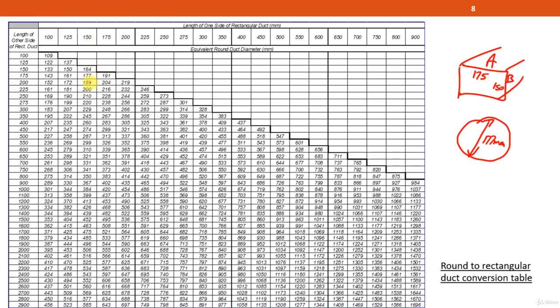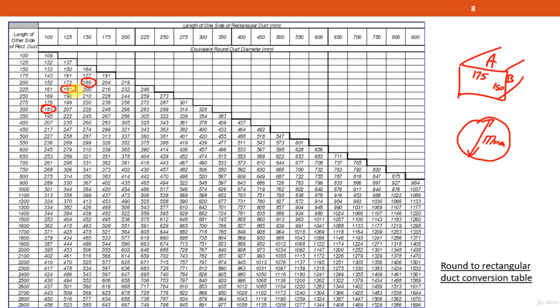But you may notice that there is no 185. Alright, you have 183, 181, 189. So these are the few round duct diameters that are quite near, and you can actually use this value as long as it's not too far off, maybe plus minus 5 to 10 mm. You can actually choose that particular value.